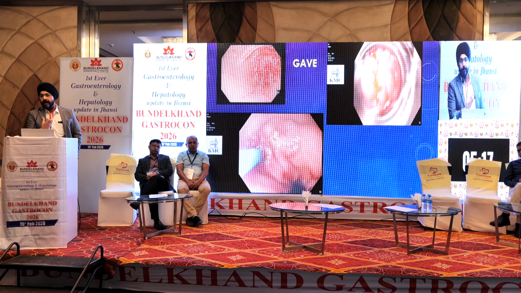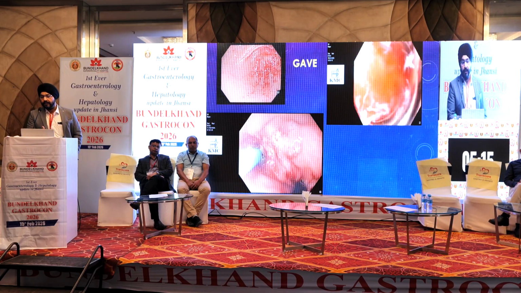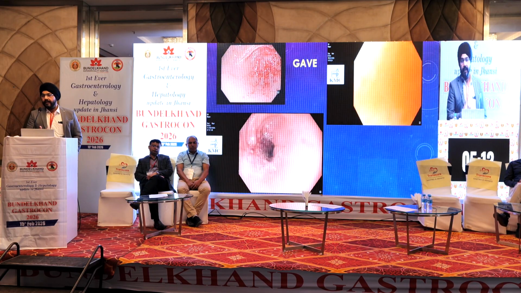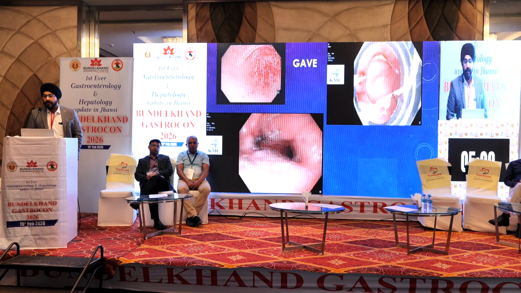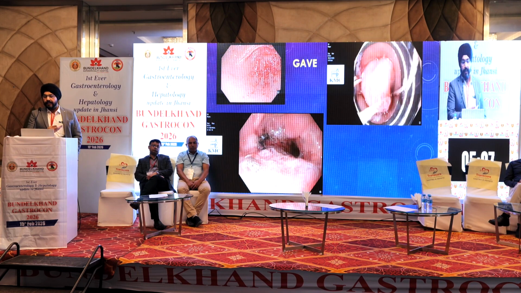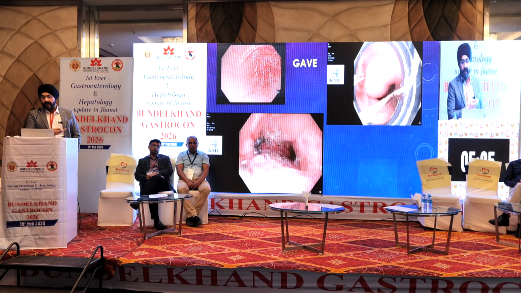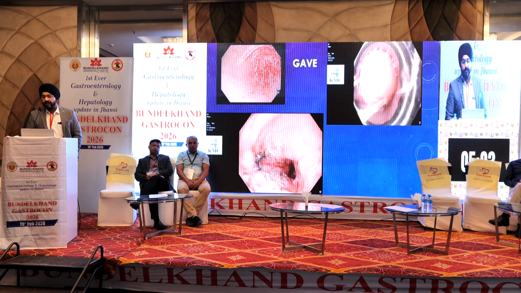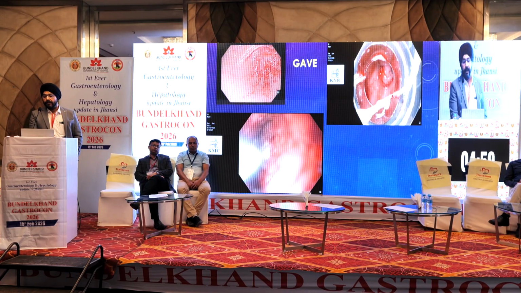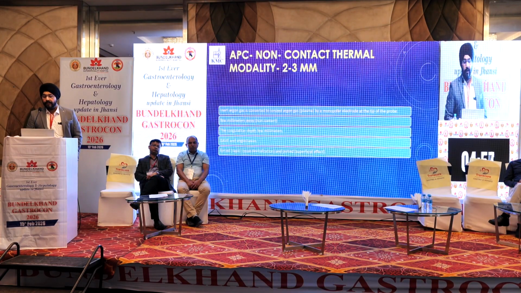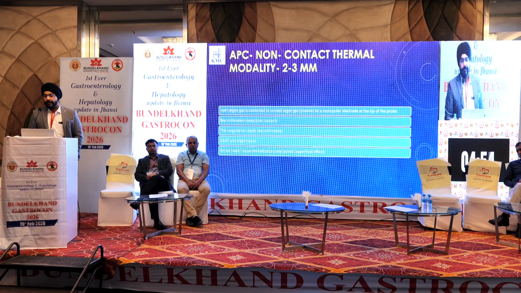Or you can put bands over these malformations, and subsequently healing will happen and these AV malformations will get cured. Most of the data is with APC, argon plasma coagulation, in this disease of gastric antral vascular ectasias, and some people do banding also.